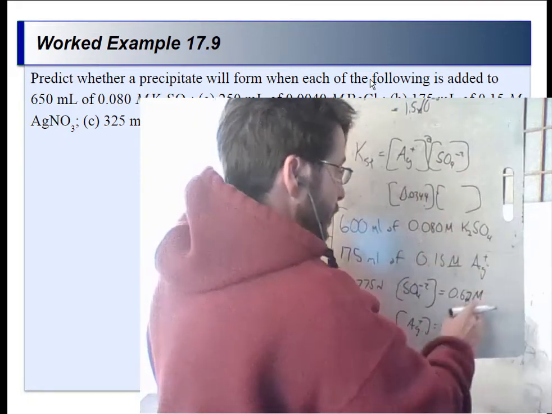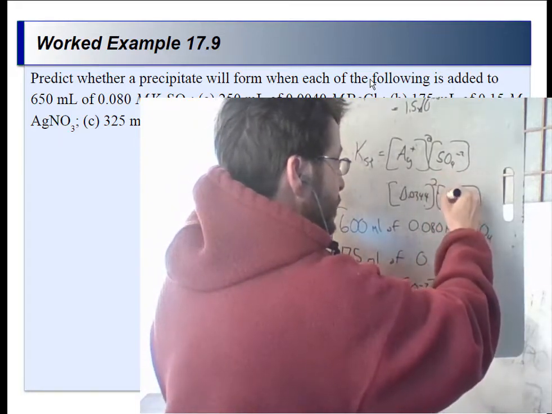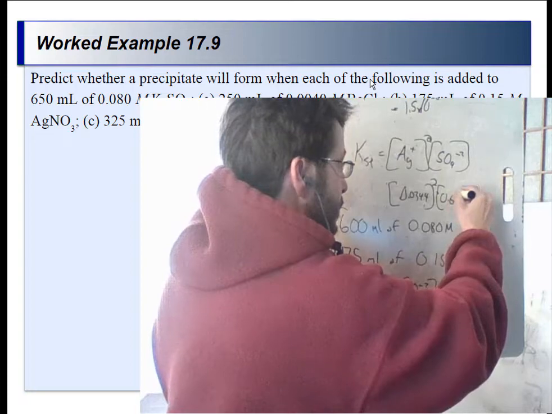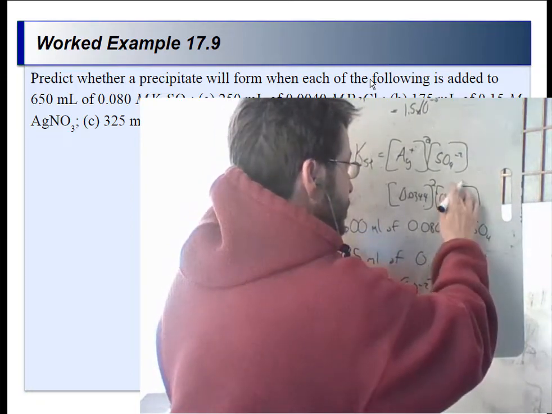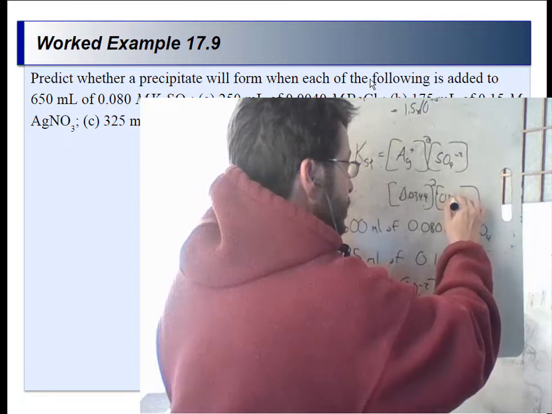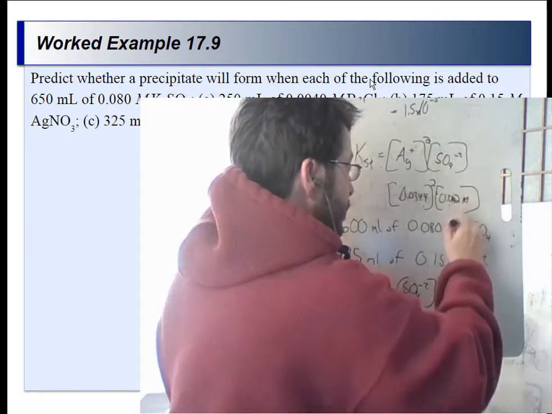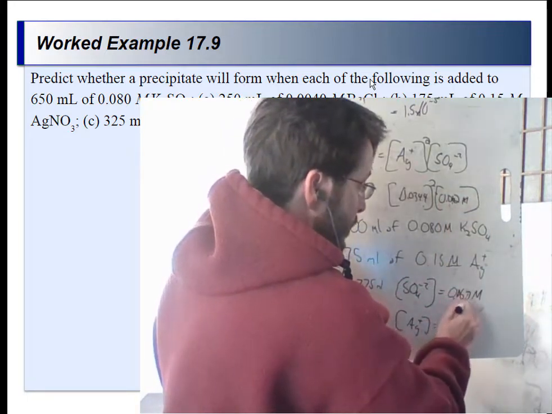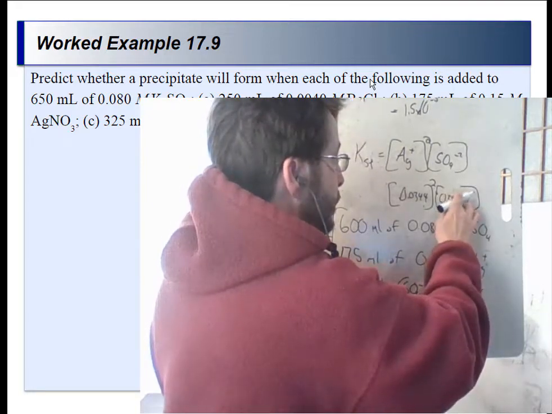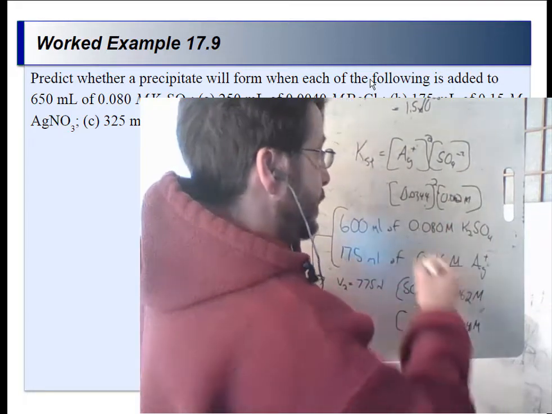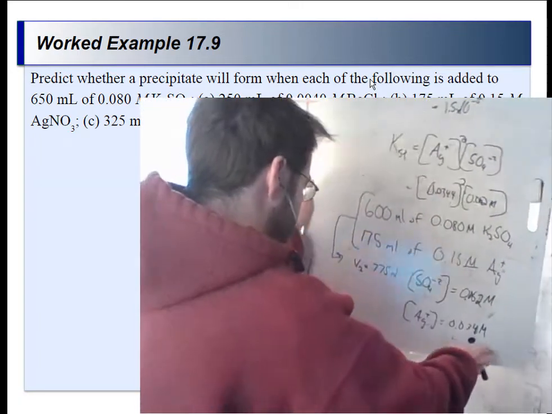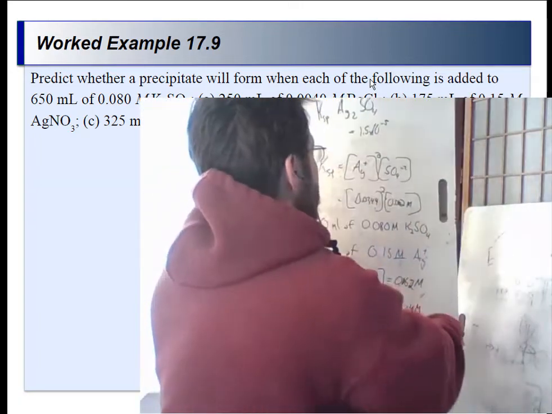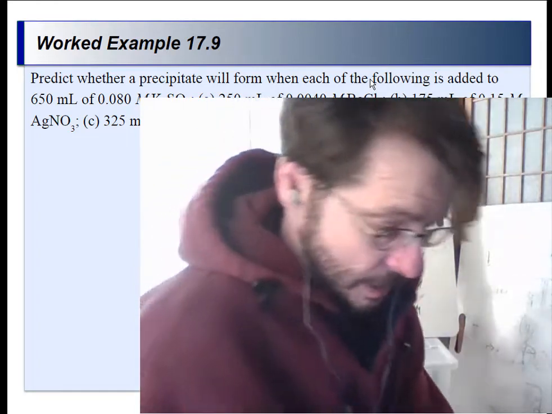Whatever this concentration is, 0.0334 molar, squared, and 0.062 molar for the sulfate, you plug those values in, and you multiply them out, and then you compare them to the KSP.